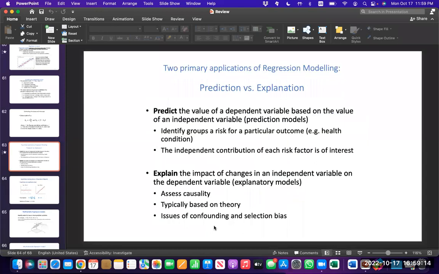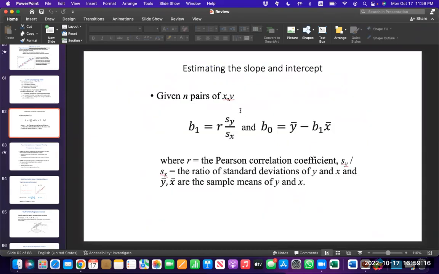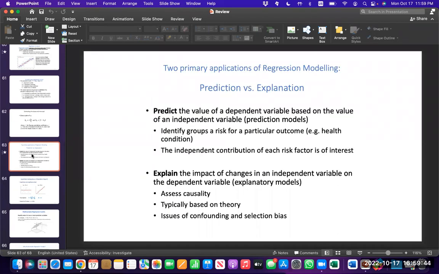What's also important to keep in mind is that the correlation coefficient, with the standard deviation of y and standard deviation of x, gives you a means to estimate your b1, which is essentially your slope. B0 is y bar minus b1 times x bar, which gives you another indicator of that regression, the intercept.